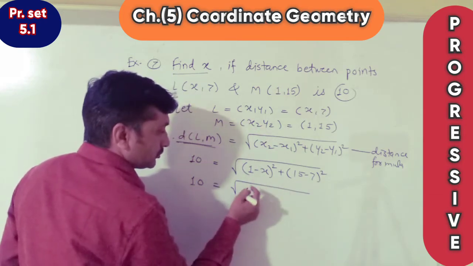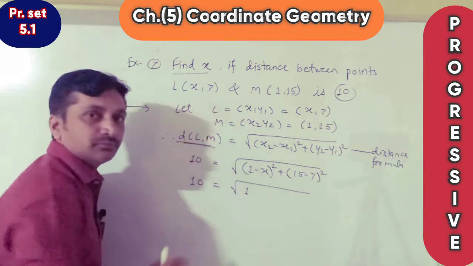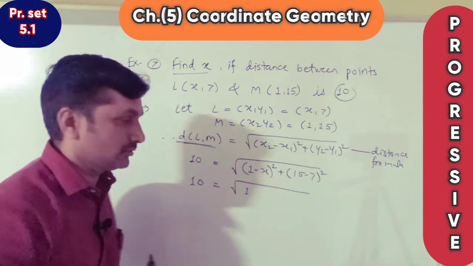Here expansion: first term 1 minus second term x, means (a - b) bracket square.